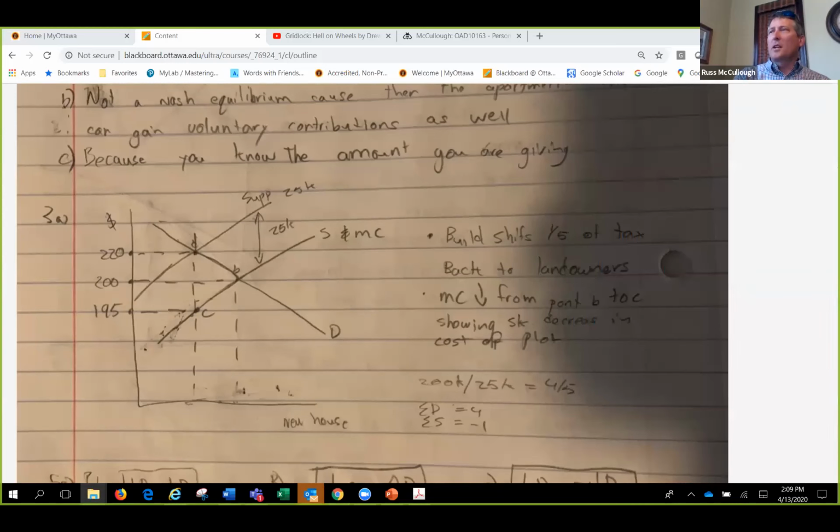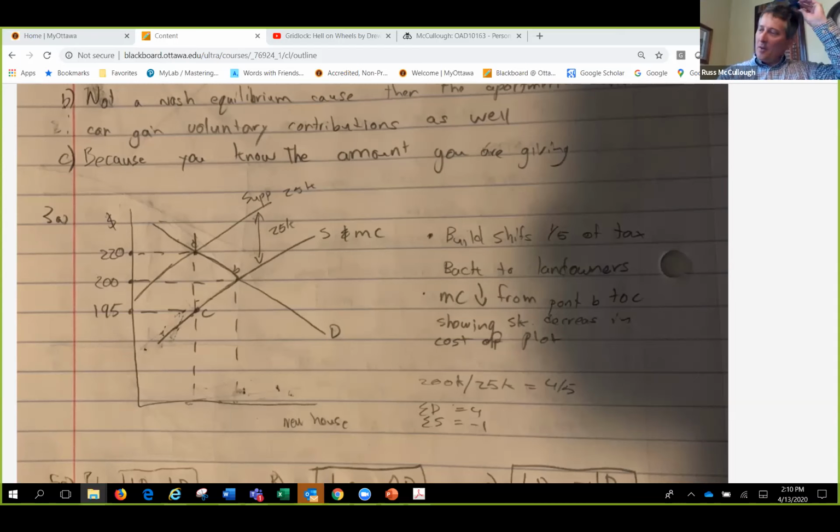So are you using a formula for that, or how did you come up with that? In the textbook on page, where is it? Page 252, it just does that. Yeah. And then I just worked up to the formula and just used the numbers that were given to us. Okay.